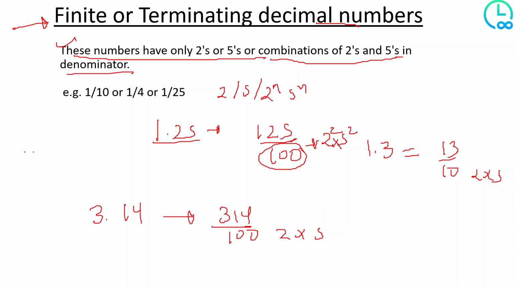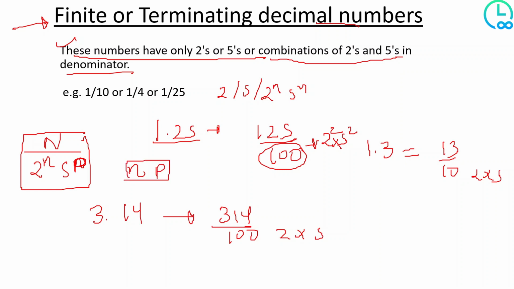Suppose this number is written. Let's say we can also take different n and p. So n and p are integers. To simplify things, let's take positive integers. Positive integers, you all know, are natural numbers.